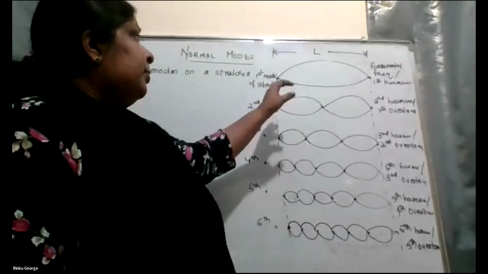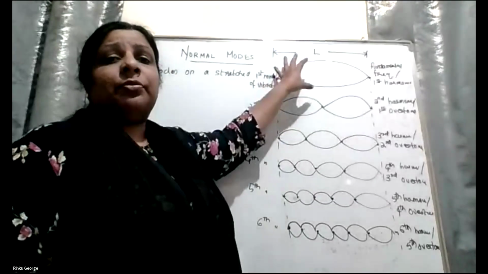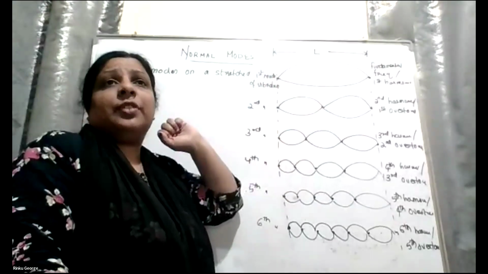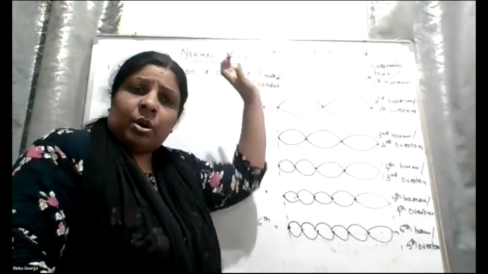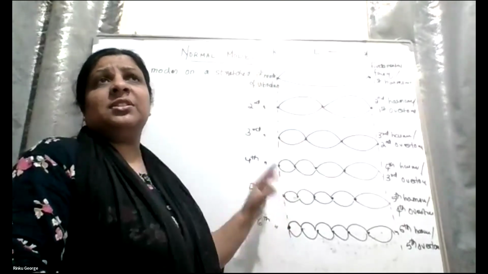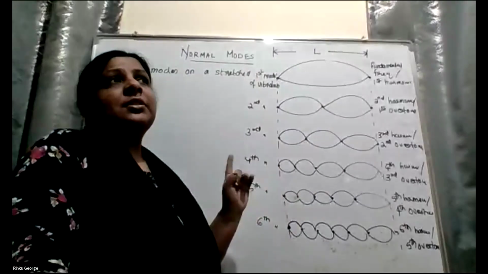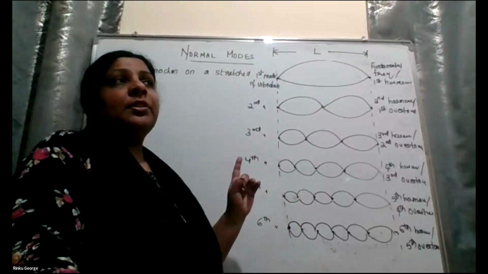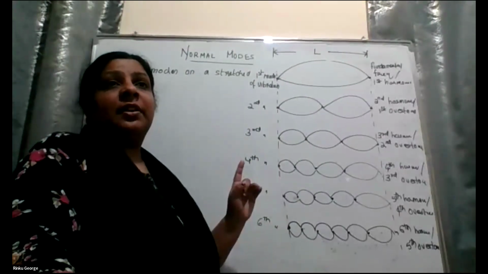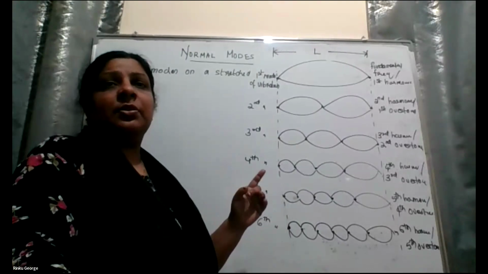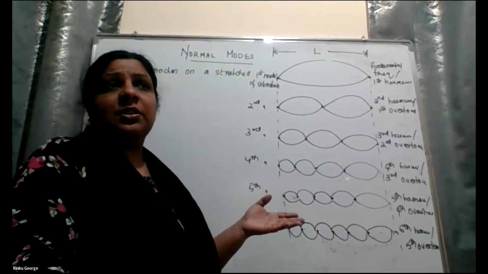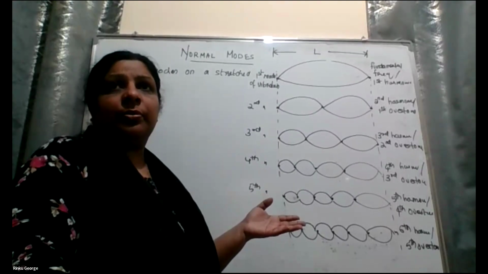First we will write about the first mode of vibration. For doing all these 3 cases, we just need one formula. Frequency is equal to velocity by wavelength.